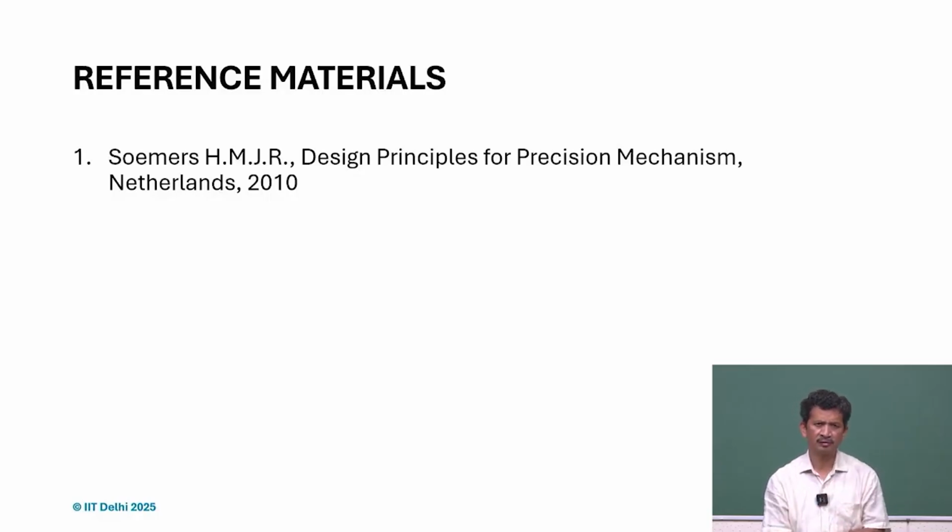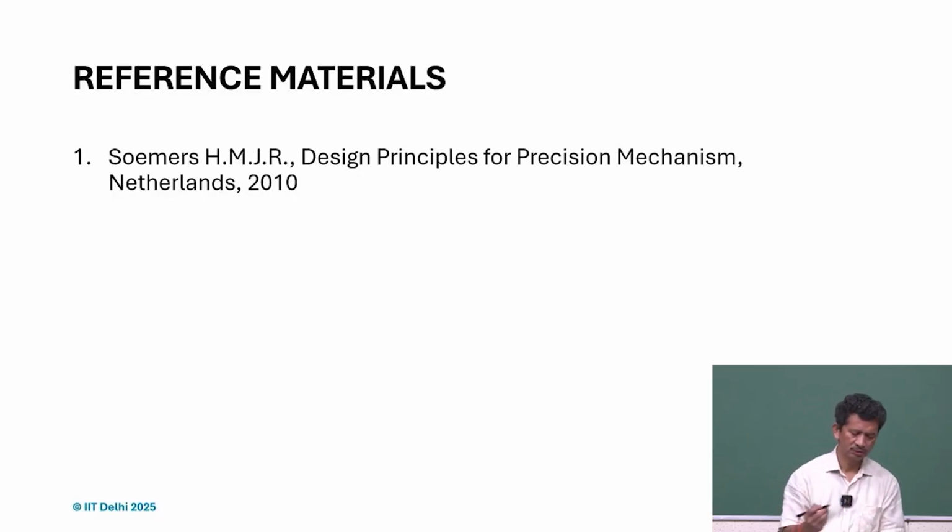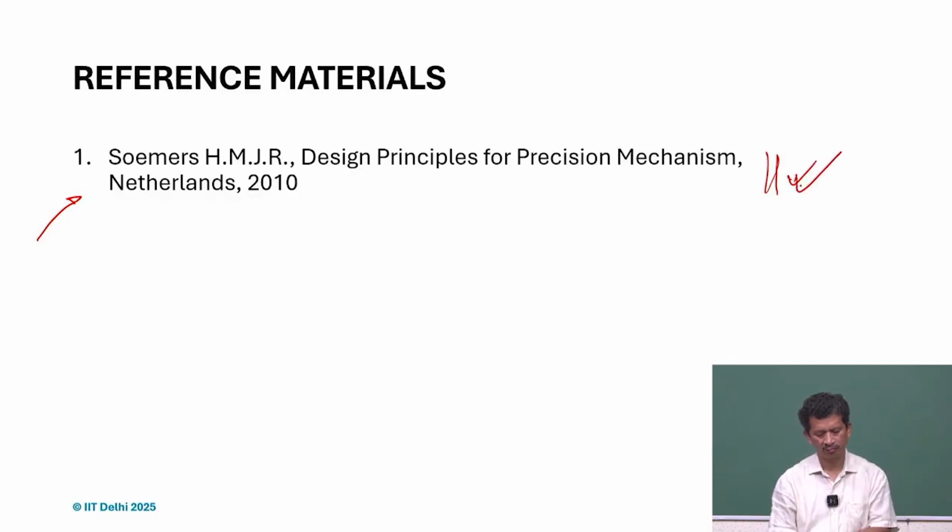Whatever we covered is just to give some idea that these are things we have to take care of. And if we want to learn more, we can refer to these references. So, a very good book. It's mainly from the Netherlands, and most of the work is from Philips, and now ASML.